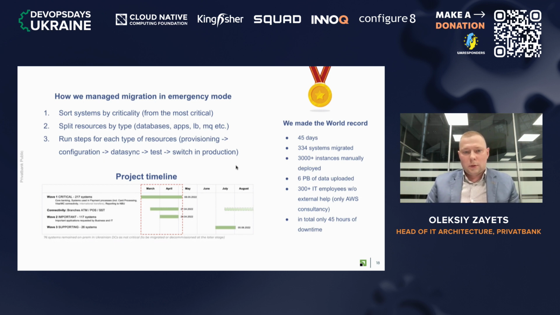We could operate in cloud 45 days after the first virtual machine was set up in cloud. And in the financial world, such a volume of workloads: more than 300 systems, more than 3,000 instances we manually deployed on top of about 1,000 deployed by VMware standard procedure. 6 petabytes of data were uploaded, and a team of DevOps and some development teams, more than 300 IT employees, without any external help, only with consultancy from AWS, made this significant result.